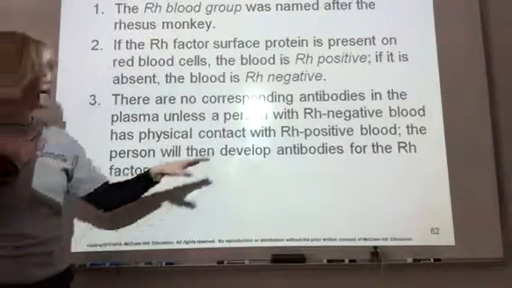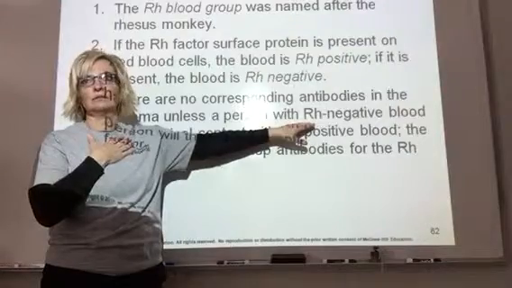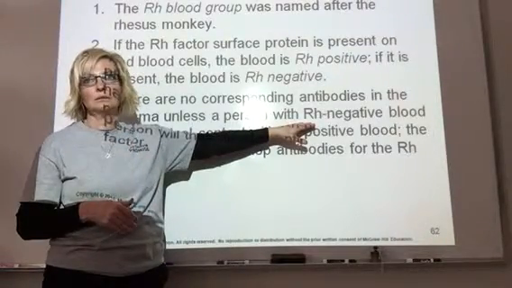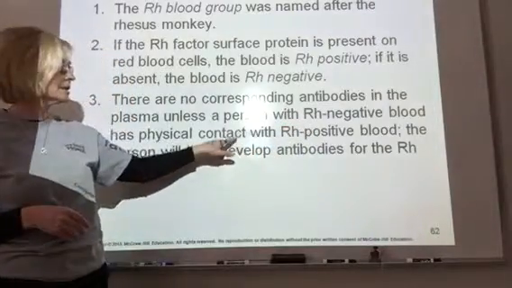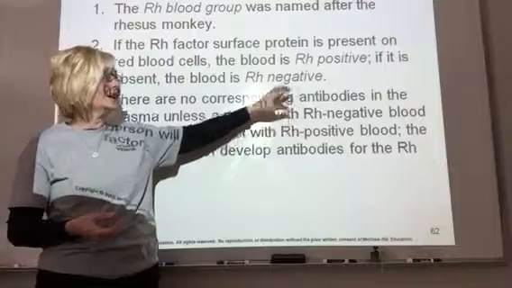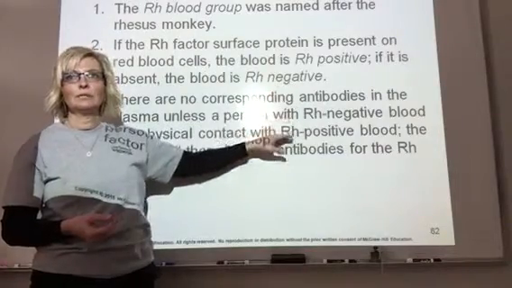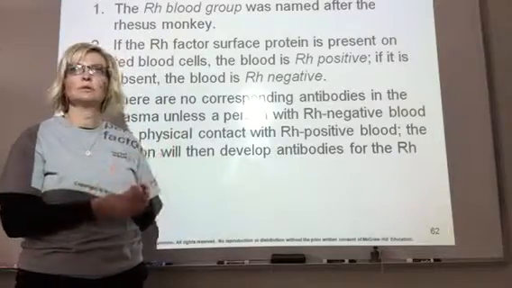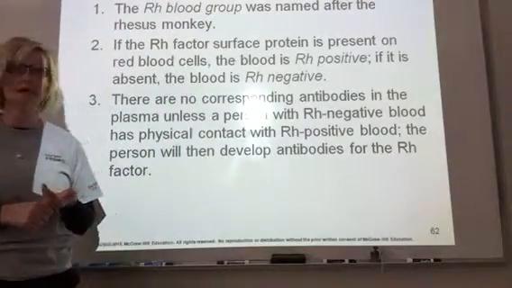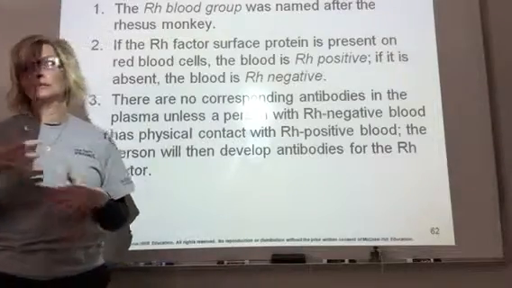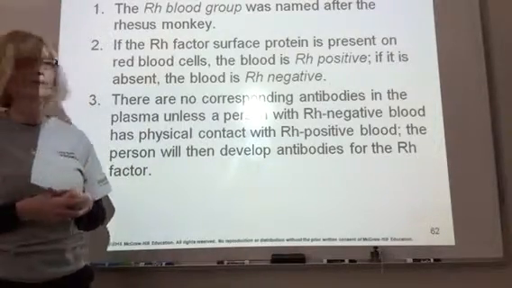If I were Rh negative, I still would not produce any antibodies until there's some contact with an Rh. So if I had Rh negative and I was given positive blood, that would cause me to produce antibodies, that would cause clotting. The most common is in pregnancy or in birth.